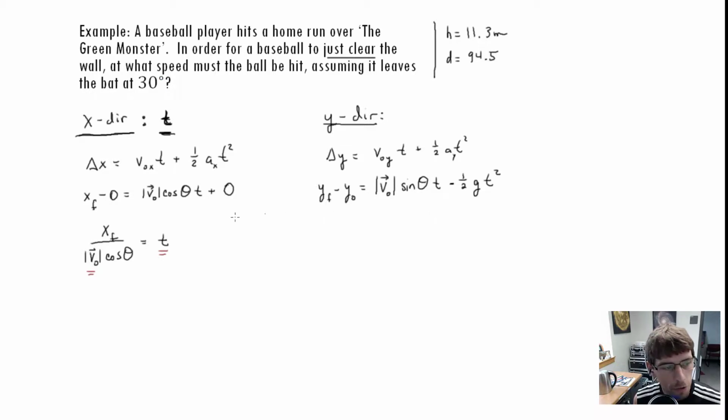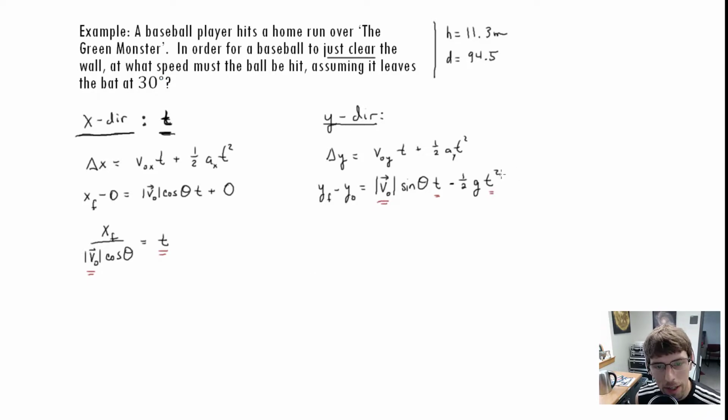Now if I look, same song and dance. I have a value for final, I have a value for initial. I don't know v naught, and I don't know t. And you notice I have underlined the exact same two variables. I have two unknowns and two equations. I can substitute and solve. So this is what we mean by solving simultaneous equations. We have to actually get the two equations and substitute them together to finally figure out the answer.